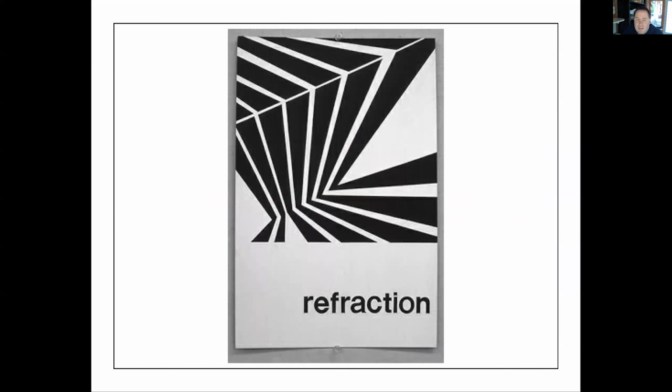So if we look at this, even though it's a series of just black on white paper, it looks like you're looking down a cliff. You're a bird looking down at a cliff of reflection or refraction. It gives that moment of depth there.